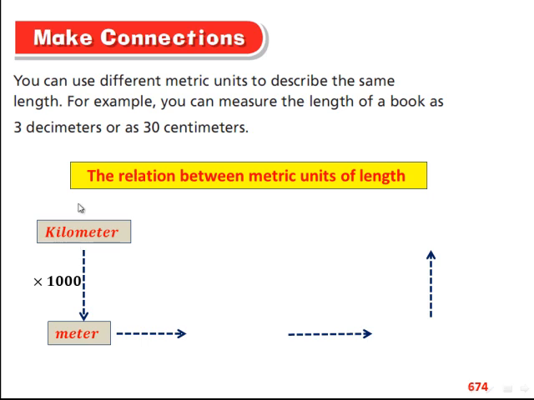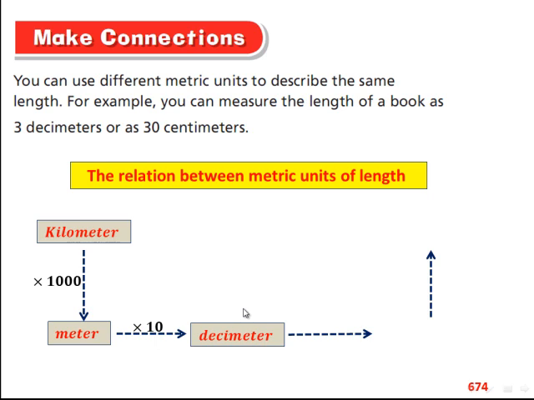So when I want to convert from kilometer to meter, I should multiply by 1,000. If you want to convert from meter to decimeter, you should ask yourself, how many decimeters in 1 meter? Of course, you will find 10. So you should multiply by 10.